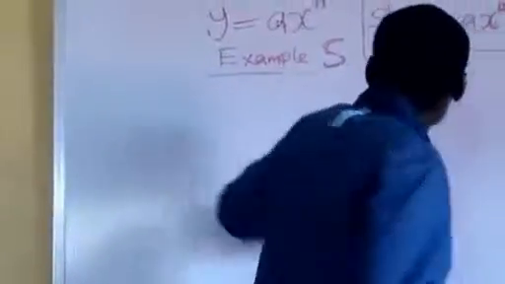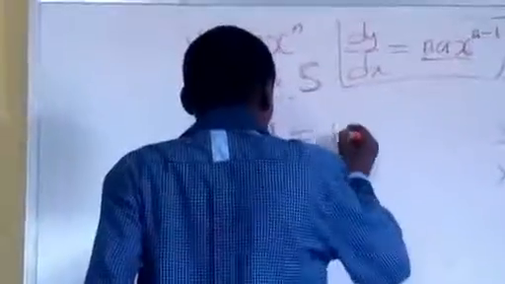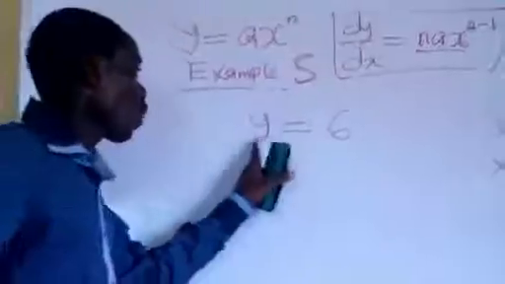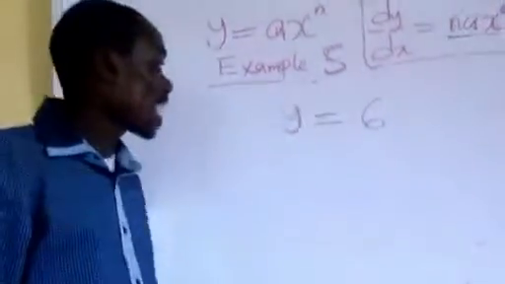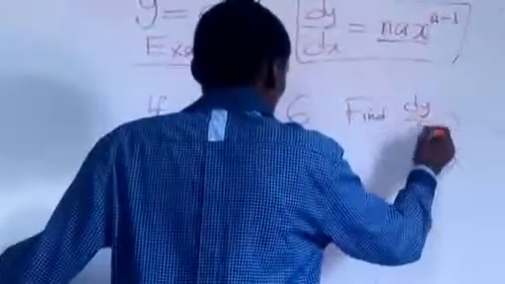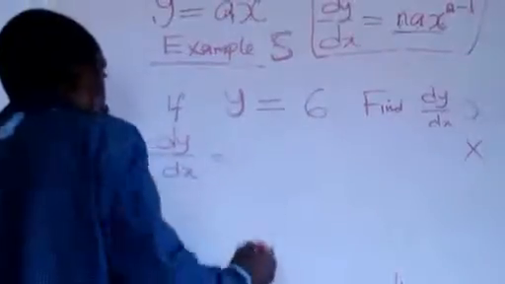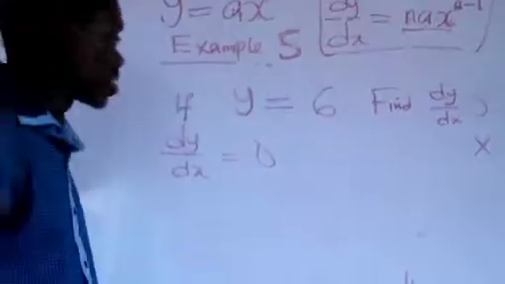So I'm going to show you, for instance, if you are given y equals 6 to differentiate, to find the dy/dx, your dy/dx is going to be equal to 0.